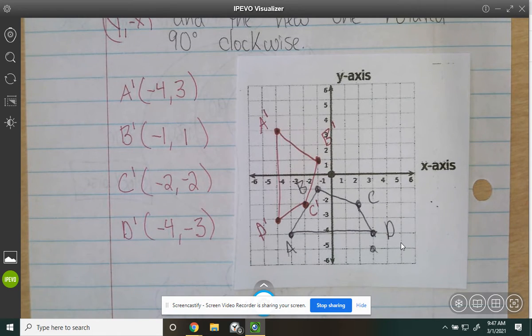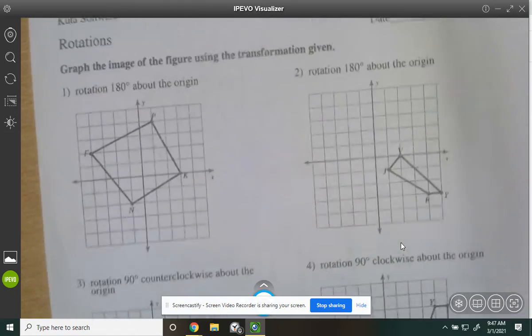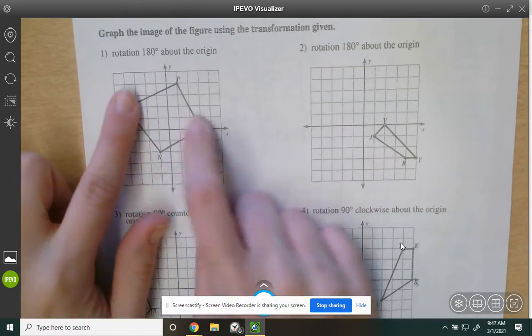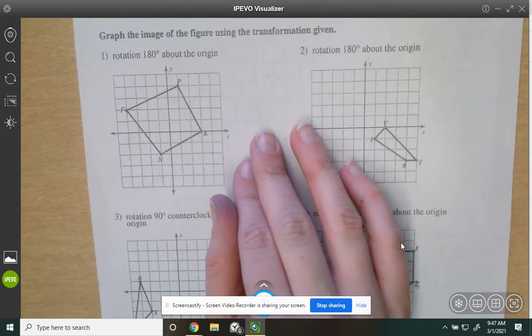Okay, so on your homework, what you're going to do on the first page here is you are going to do the rotation that it tells you to do. If you can do it without writing points down, that's fine.